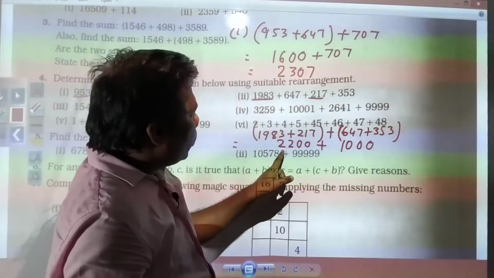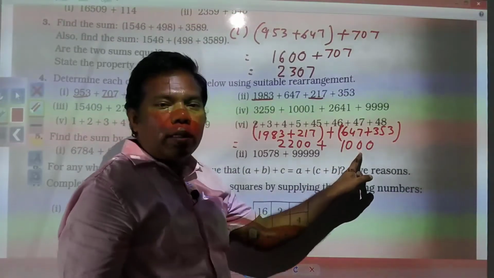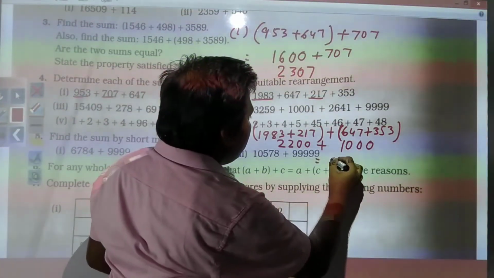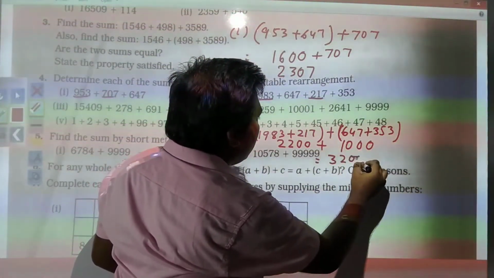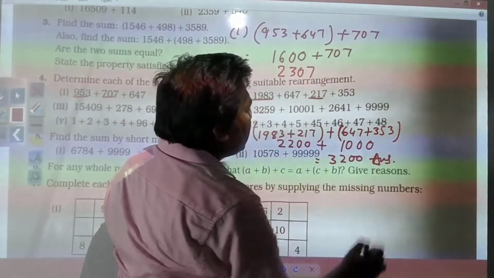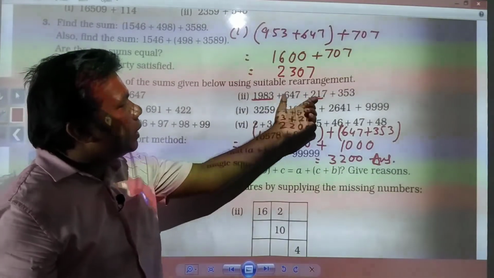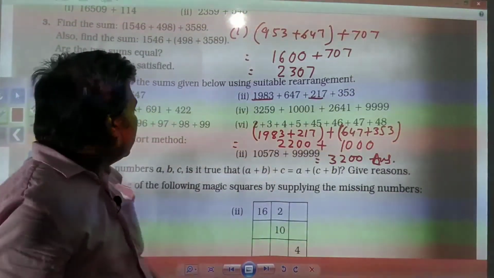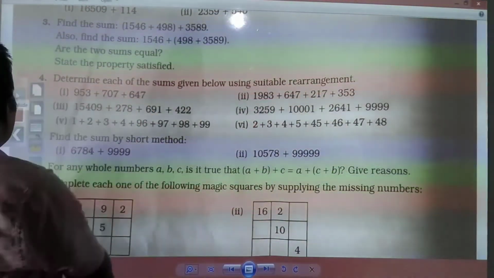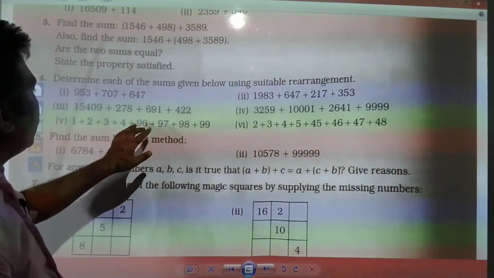So here you have 2200 and 1000. It means 3200, and this is your answer. So in this way you need to group numbers, you need to rearrange numbers and can be added. Next, all the numbers you need to do by yourself.